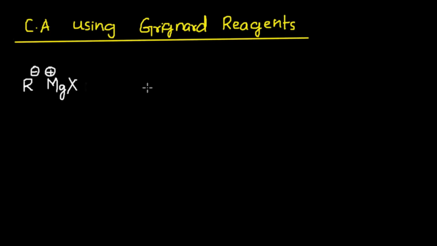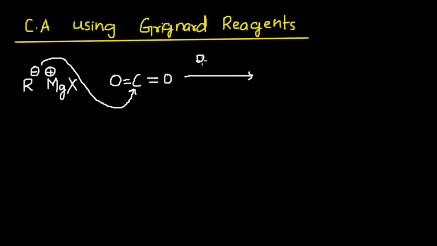react with carbon dioxide. Carbon dioxide is an excellent electrophile. So this goes in dry ether to give you a carboxylate salt.